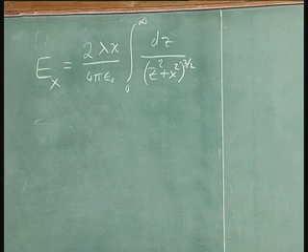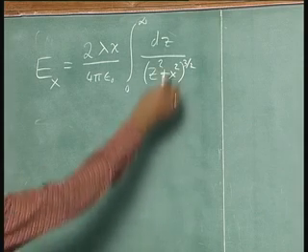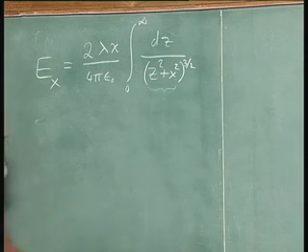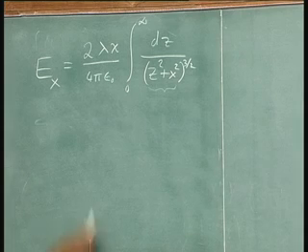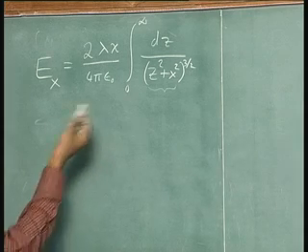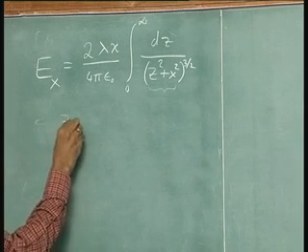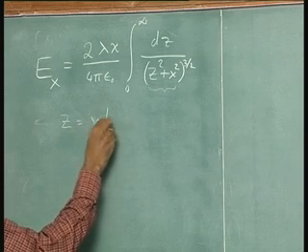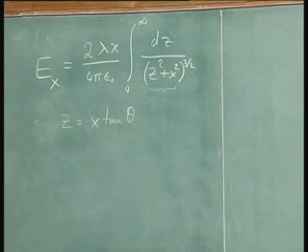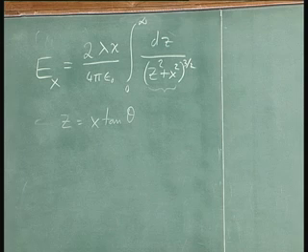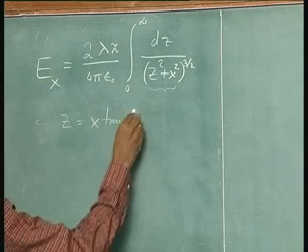This is a very standard form. Anytime you see an integral that involves something like z squared plus x squared to the power of anything, you are immediately indicated that you should use a transformation that goes like z equals x tan phi. Theta is already used up.